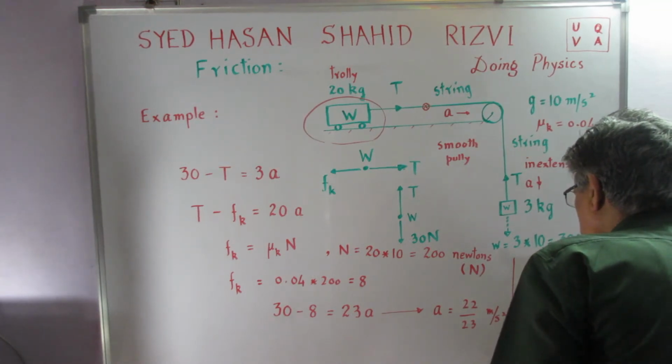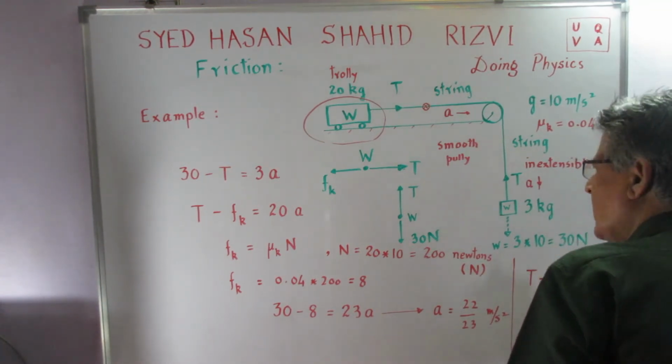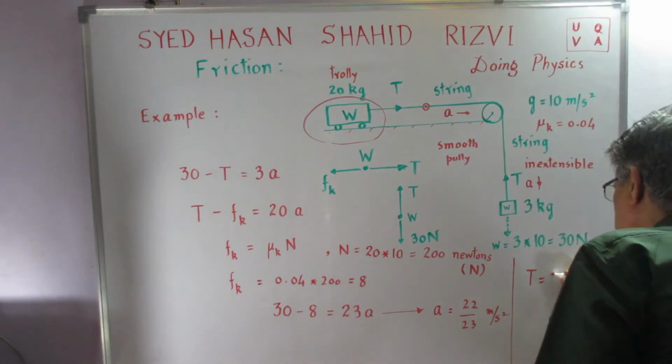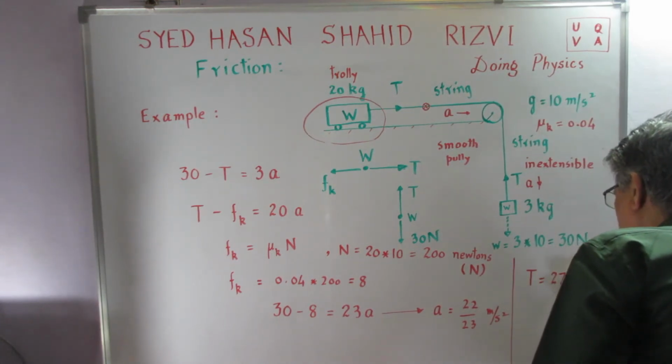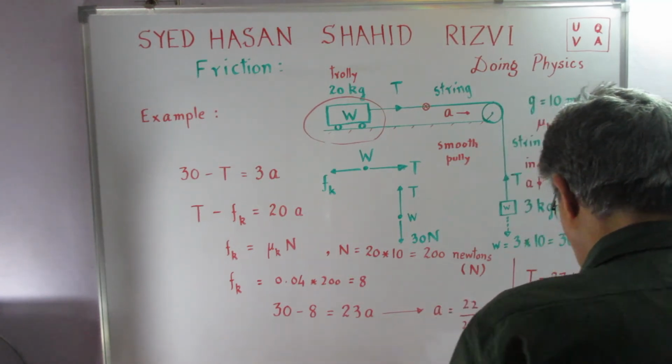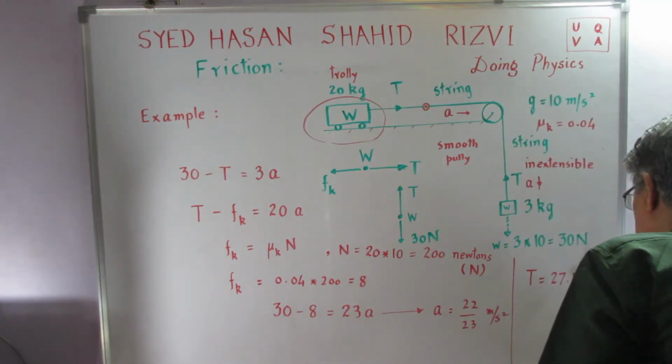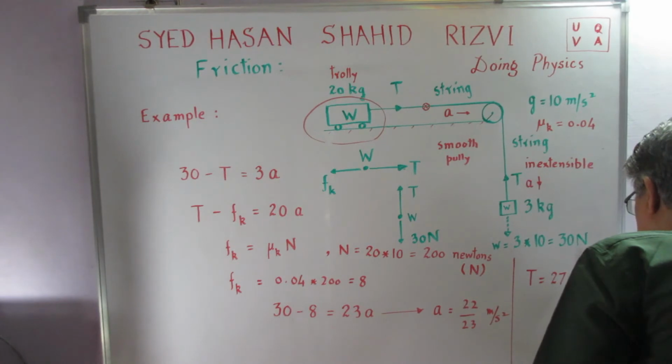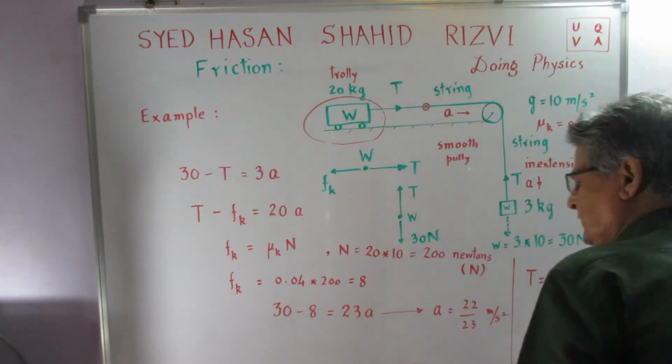I leave it to you to substitute and calculate. This is 27.1 newtons, of course. So I can write this and find out the tension in this case.